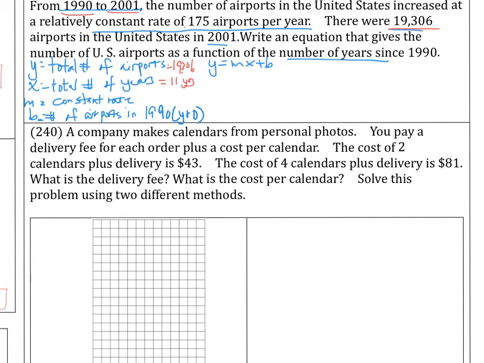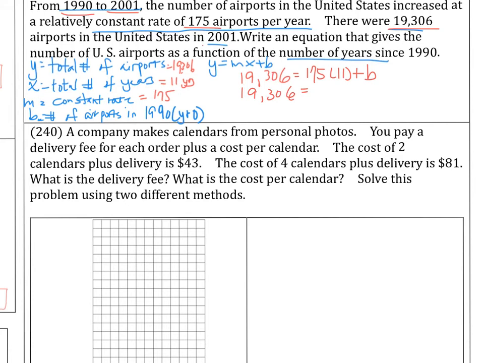And constant rate 175, and we need to solve for b. So y again is 19,306, and this is equal to the constant rate 175 times 11 plus b. Okay, and then let's solve.